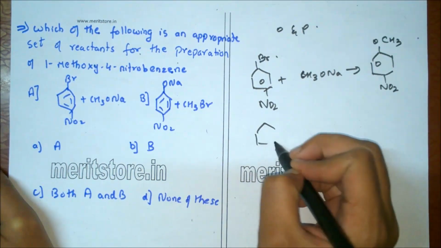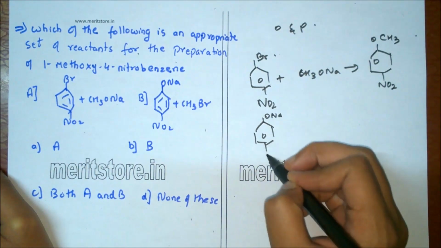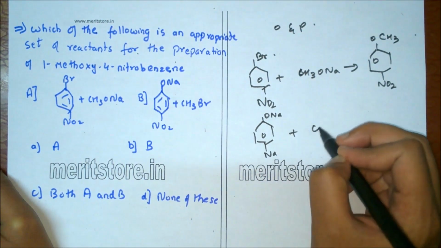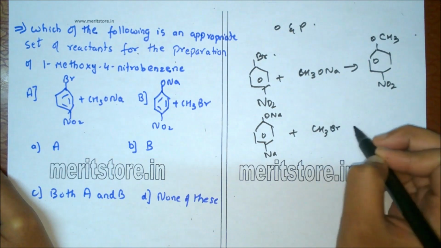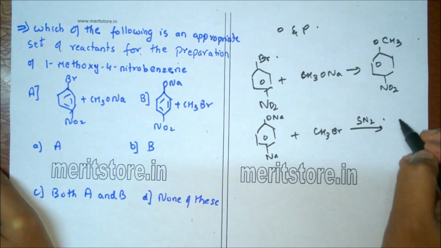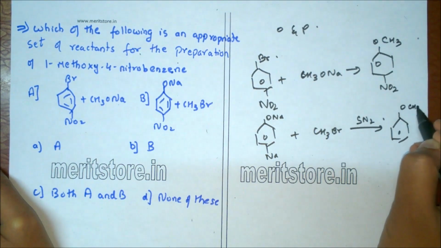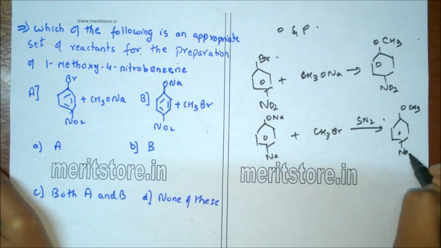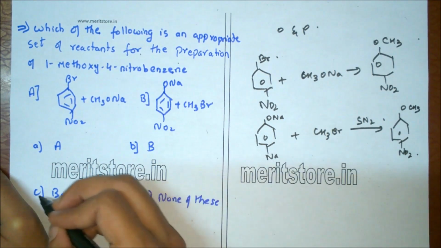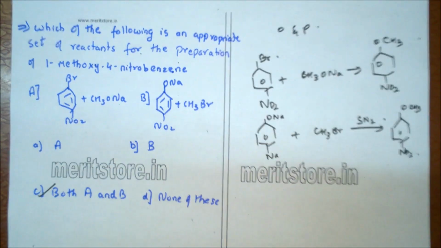And the compound on reaction with alkyl halide, heating, undergoes SN2 mechanism and forms methoxynitrobenzene. So both A and B are suitable for formation of 1-methoxy-4-nitrobenzene.